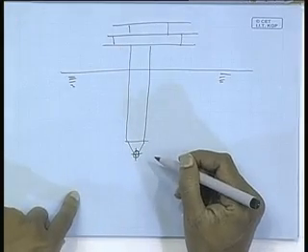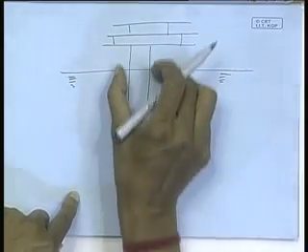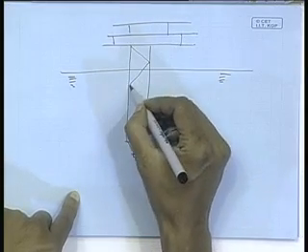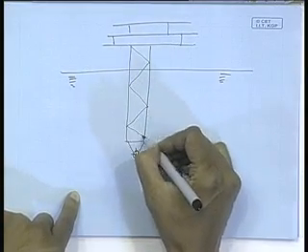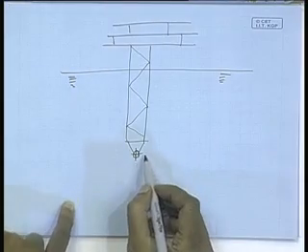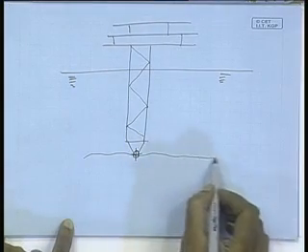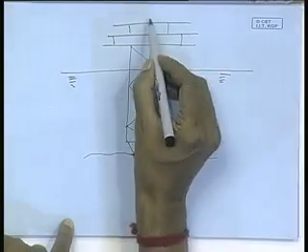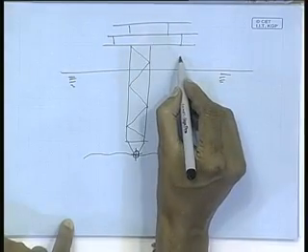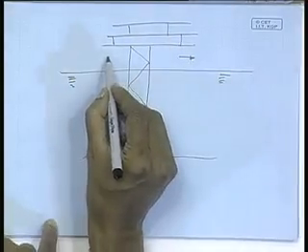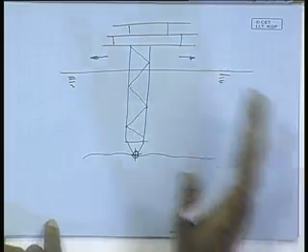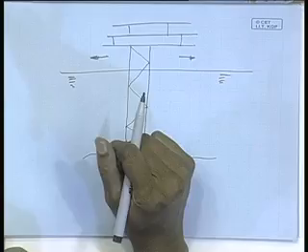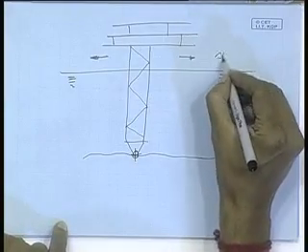This is a tower-like structure which is hinged at the seabed. It is hinged at the seabed, so it has a freedom of movement, as the hinge has been drawn, in this direction only. It can sway. This movement is called sway.